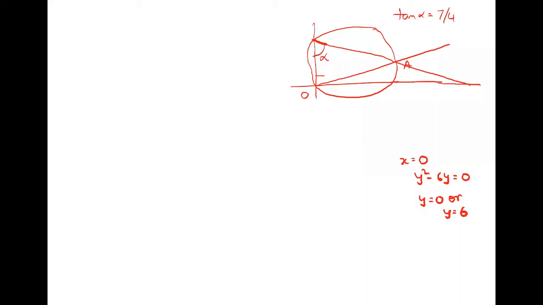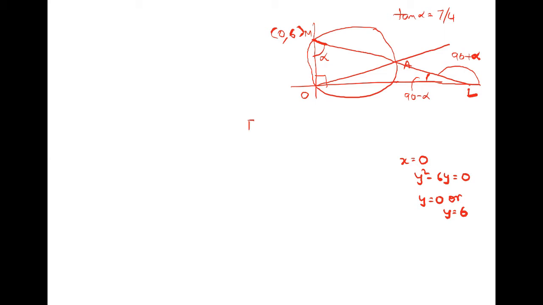This is 90, so this angle is 90 minus alpha. But what is this angle? This is 90 plus alpha. This point is 0, 6. I name this L and this M. Shortcut, very good.